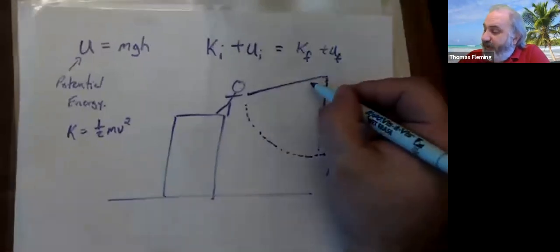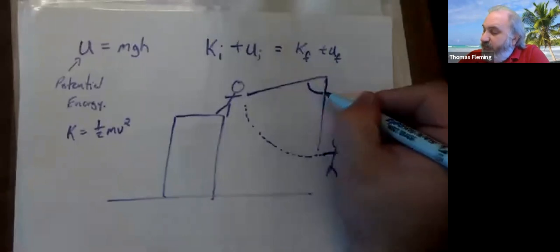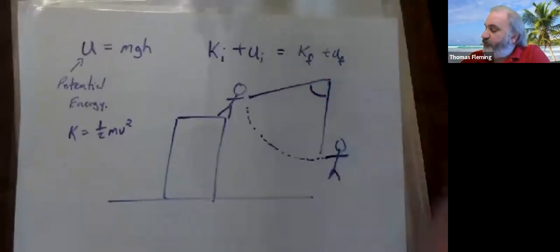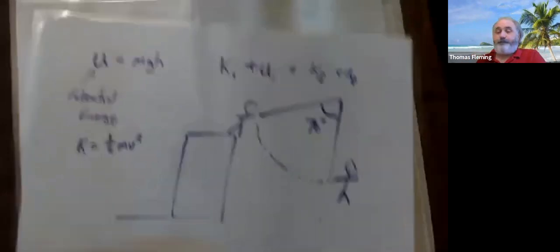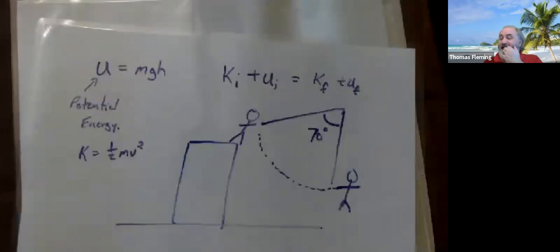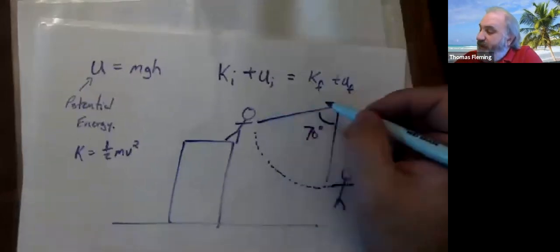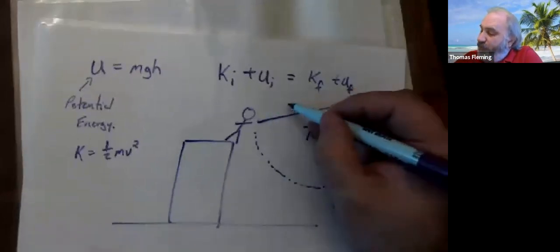And let's imagine that as he swings, he's going to sweep out an angle. From the way that I drew this, let's say that that's a 70-degree angle. And his web line has a length of, let's say, 3 meters.